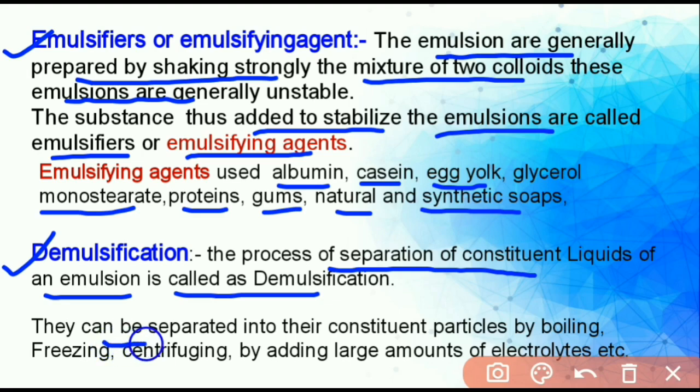Emulsions can be separated into their constituent particles by boiling, freezing, centrifugation, and by adding a large amount of electrolyte, etc. The dispersed phase can be separated from the dispersion medium, and we can obtain the pure form of the constituent particles.